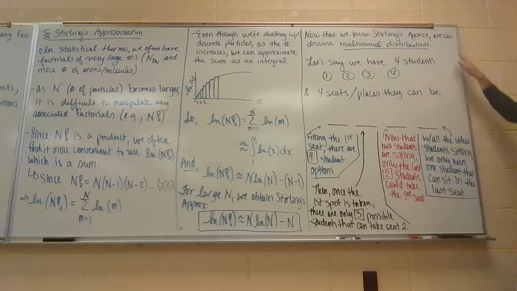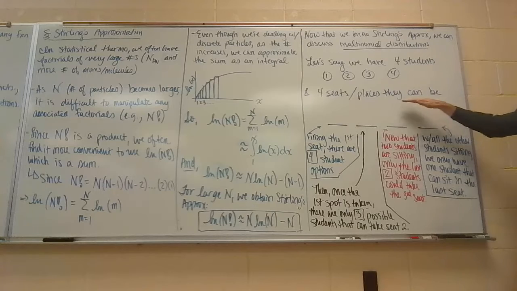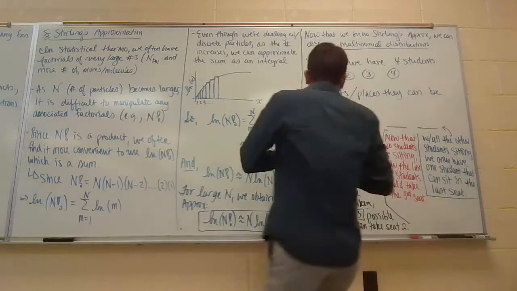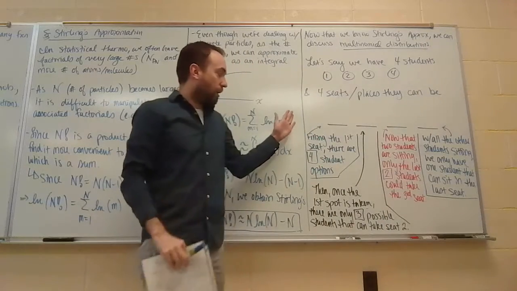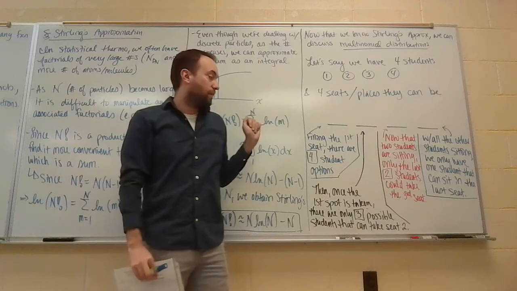So now that we know Stirling's approximation, we're ready to begin discussion of the multinomial distributions. So let's say that we have 4 students and 4 seats or places that they can be. All right. If I am filling my first seat, okay, then there are 4 different students that can take that first seat. Okay.